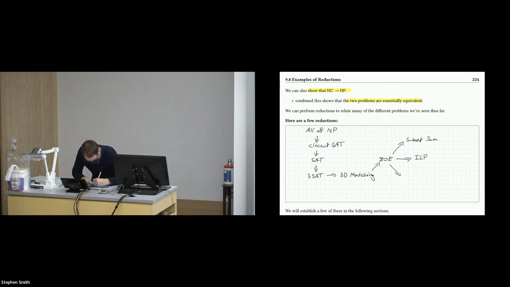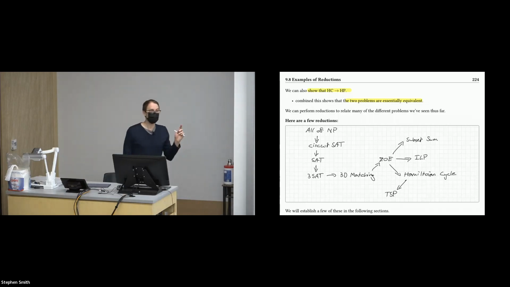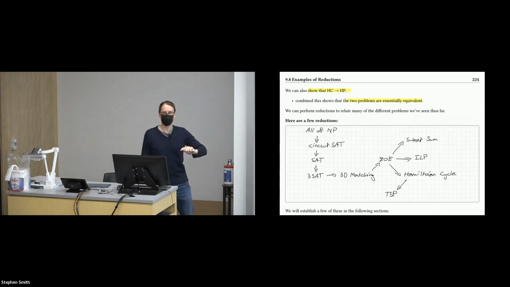It can also be reduced to Hamiltonian cycle. Hamiltonian cycle can be reduced to TSP. And there are actually arrows going the other direction for all of these as well.